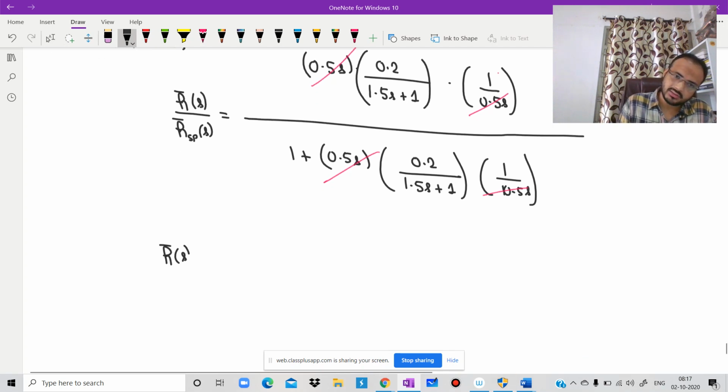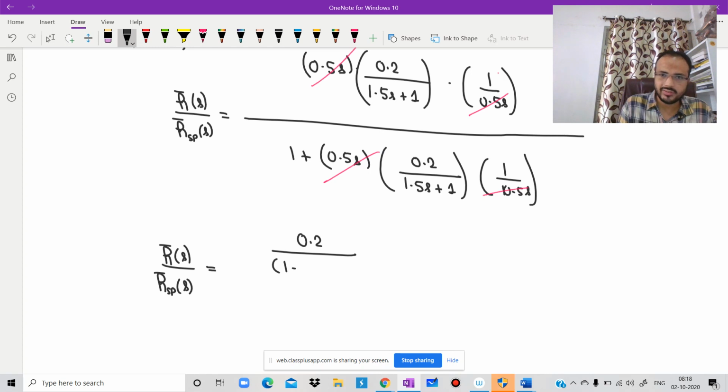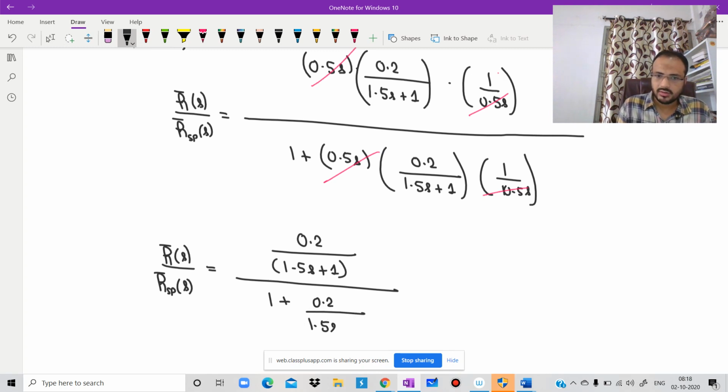h bar of s divided by h set point bar of s: 0.2 divided by 1.5 s plus 1, 1 plus 0.5 divided by 1.5 s plus 1.